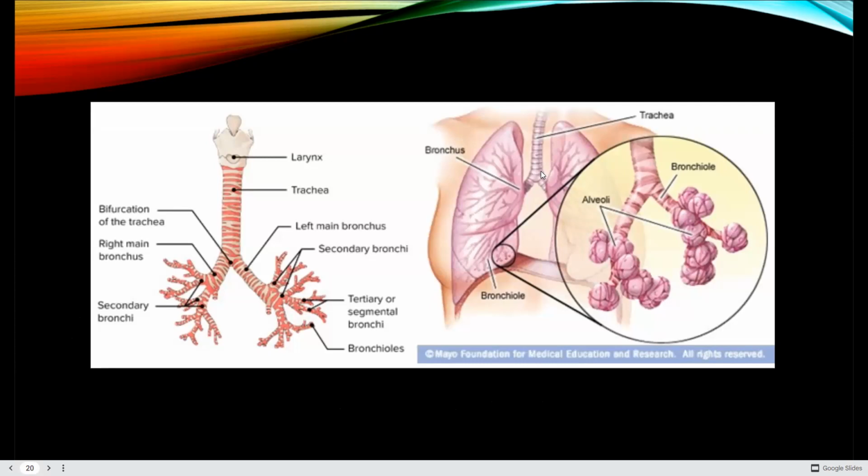The smaller bronchus is called bronchioles. These are the bronchioles. And alveoli are on the tips of these bronchioles. These are the alveoli. This is where oxygen attaches. This is also the region of the actual exchange of gases.